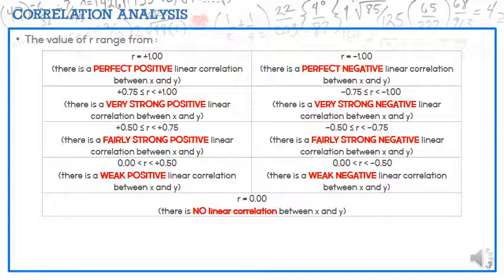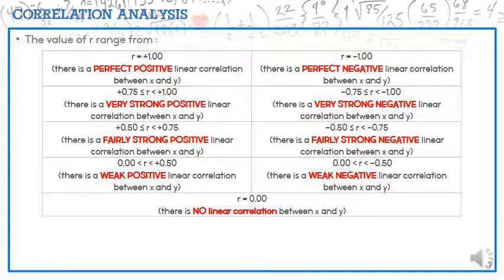If you have R +1, it indicates that there is a perfect positive linear correlation or linear relationship between X and Y. Positive indicates the direction and 1 indicates the magnitude, where 1 here represents a perfect correlation. If you have R between +0.75 to less than 1, it still indicates a positive relationship, but it's not perfect, still a very strong positive linear correlation.